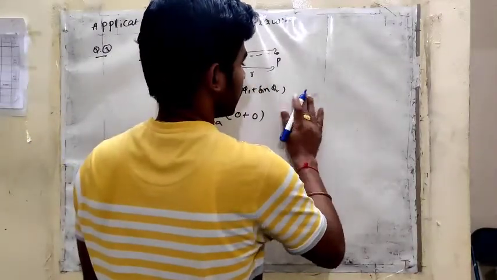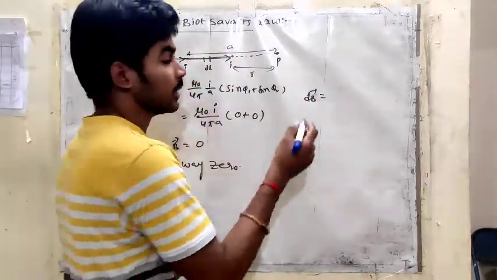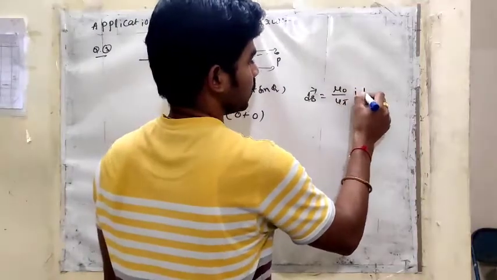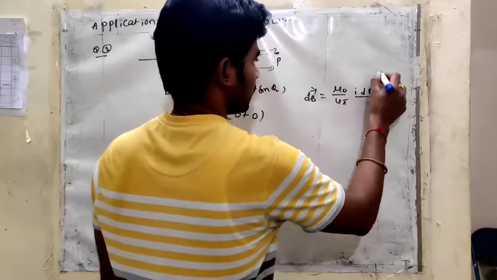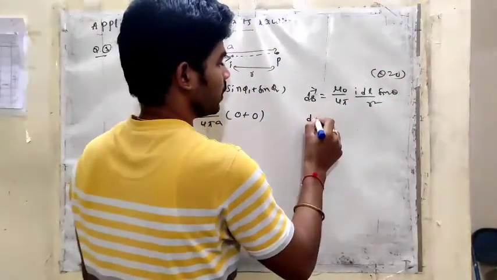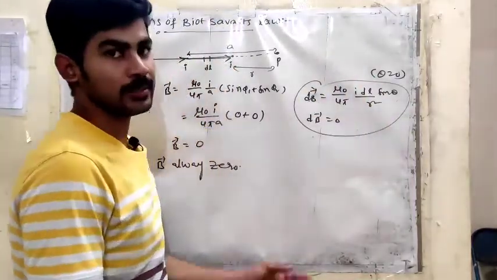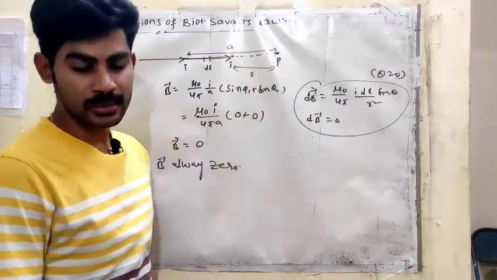Using Biot-Savart's law, dB is equal to mu naught by 4 pi into I dl sin theta by r square. Theta is equal to 0, sin 0 is 0, so dB is equal to 0. That's why along the axis the magnetic field is always 0.